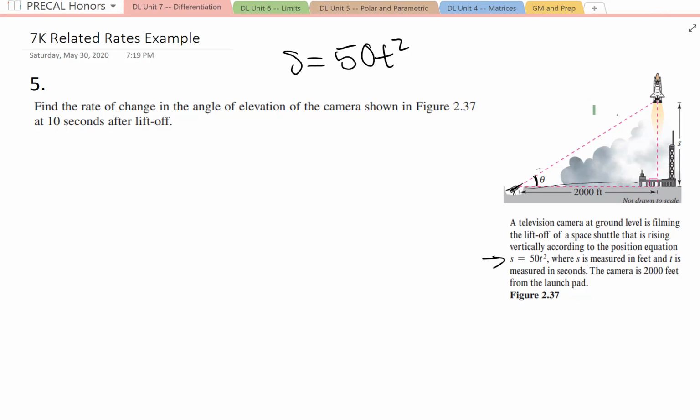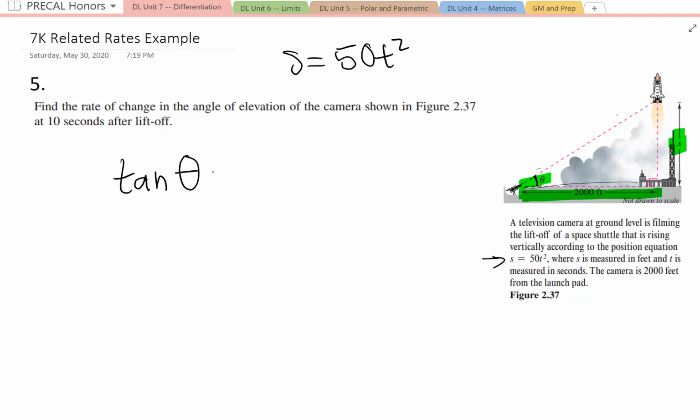The variables that we're concerned with are the angle, the side that is adjacent to that angle, and the side that is opposite to that angle. Of course, we only know they're adjacent and opposite because this is a right triangle. How do we relate the opposite and the adjacent side according to that angle?